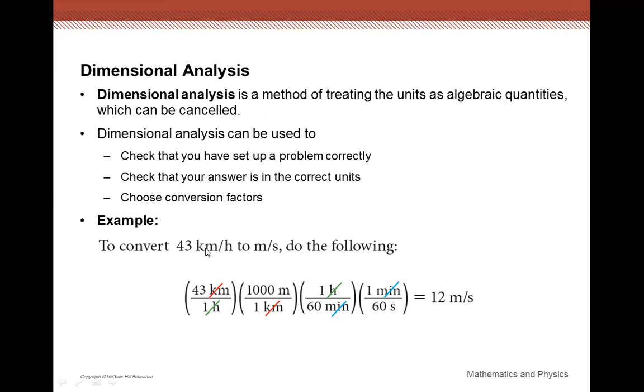So to change from one unit to another, you have to follow steps. Step number one, define which one is the large unit, kilometers or meters, and which one is the small unit, hours or seconds. Then if you are going to change from the large unit to the small unit, you have to multiply. If you are going to change from the small unit to the large unit, you are going to divide.